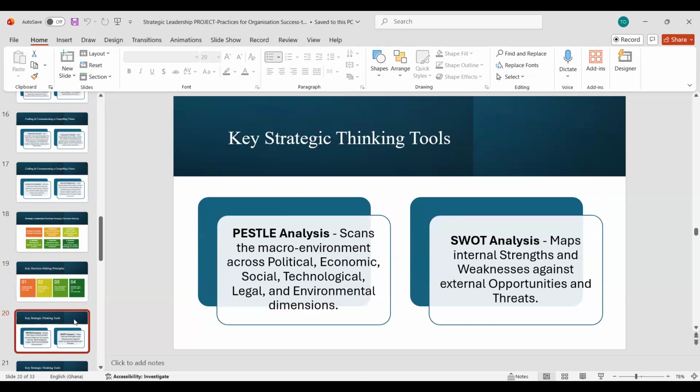What are the strategic thinking tools? Now, in trying to get the data to analyze it, these are the areas that you want to look at. There are different tools. So we have the PESTLE analysis, where you are checking the political environment. How is the policy, so far as the government policies are concerned, how would it affect my work? How is the economic situation like? What is the inflation rate? What are the policies so far as economics is concerned?